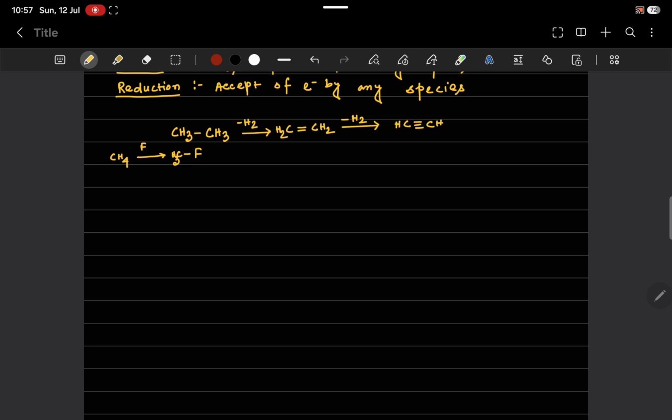We can say that this is also an oxidation, because if you calculate the oxidation number over carbon, you will find that the oxidation number has increased.